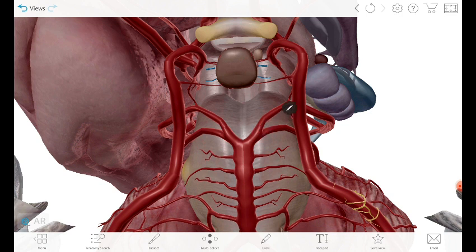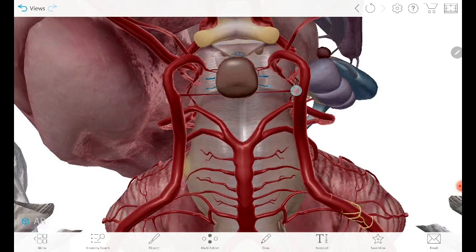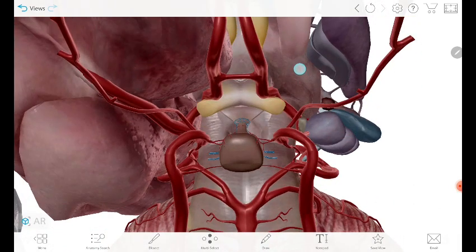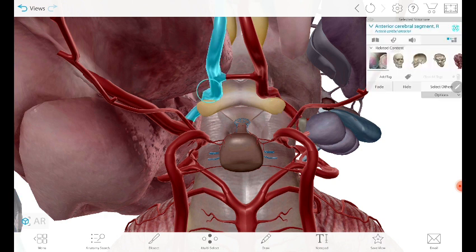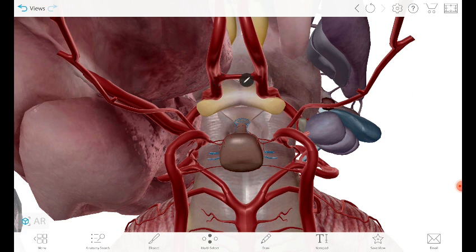Again, this is the posterior cerebral, this is the posterior communicating artery, and this here is the anterior communicating artery. And now we can see another artery arising from the internal carotid, which is the anterior cerebral artery. So these here are the anterior cerebral arteries, and the two anterior cerebral arteries are connected by the anterior communicating artery.